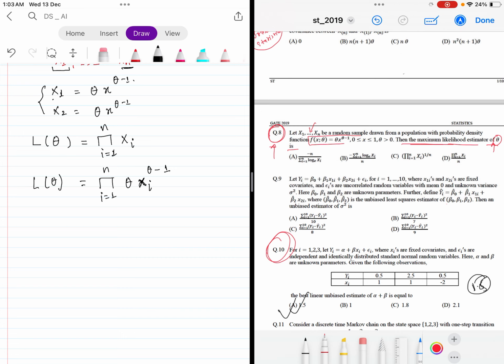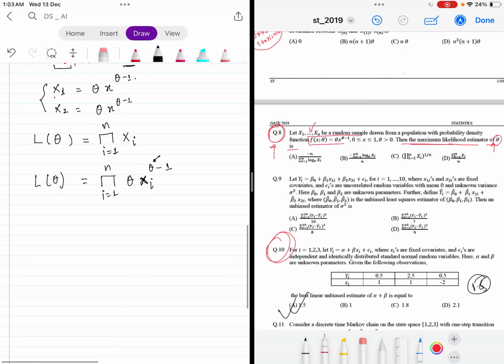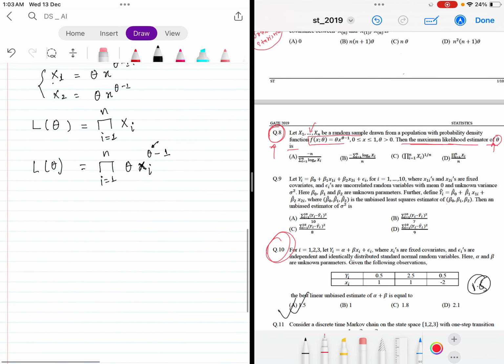Now we have to find at what value of theta this likelihood function will be maximum. How can we find that? That is simple. We can take the differentiation of this and equate it to 0, and whatever theta we get will give the maximum likelihood.